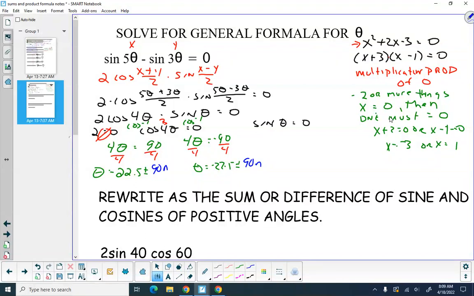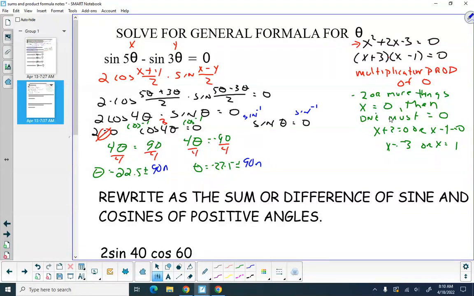Over here we have the inverse sine. Our sine of theta is equal to 0. We can take our inverse sine. So we have the inverse sine of 0, which is what, Ella? 0. And then we have to worry about a second solution, which would be what?